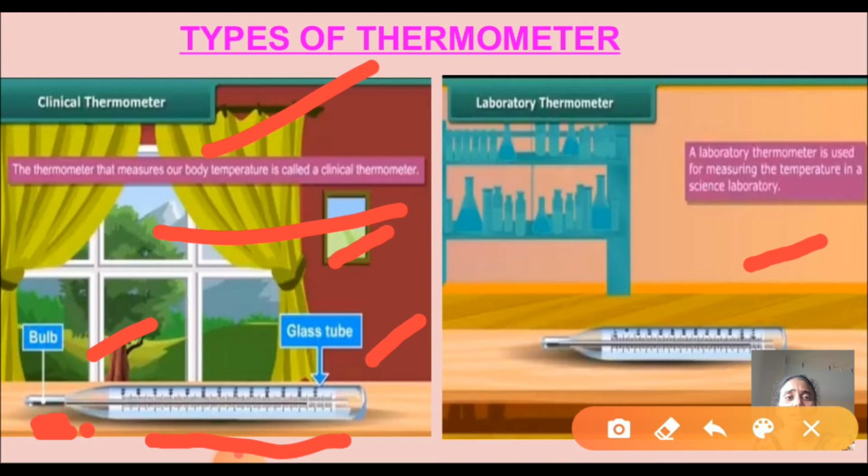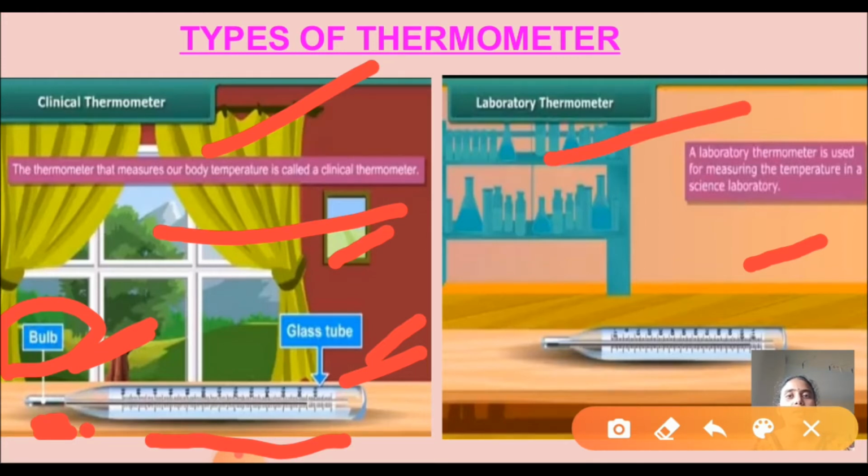It is a glass tube with a bulb at one end, and this bulb contains the mercury.